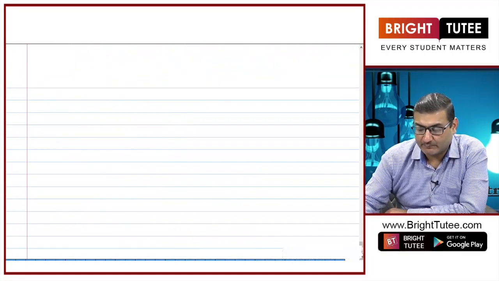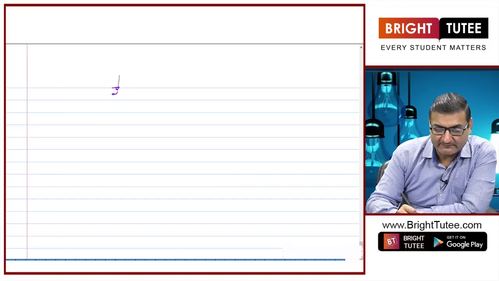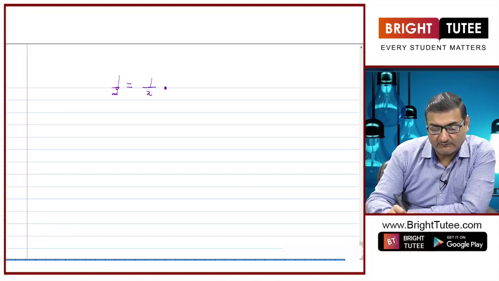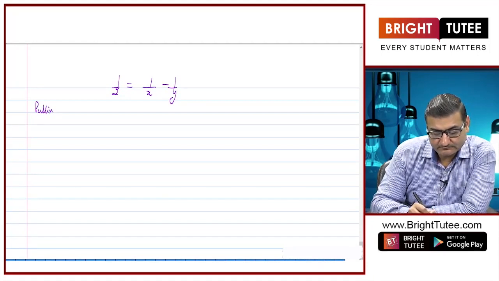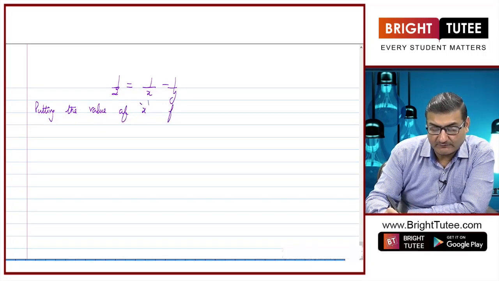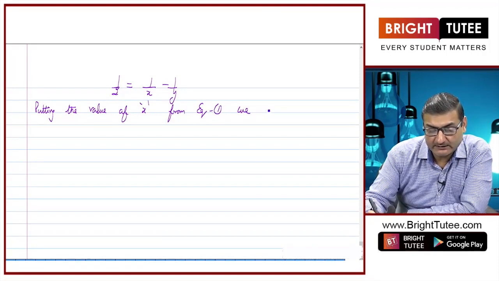Let us see, by putting the values, I have 1 upon 2 is equal to 1 by X minus 1 by Y. Now, putting the value of X from equation 1, what do we get?